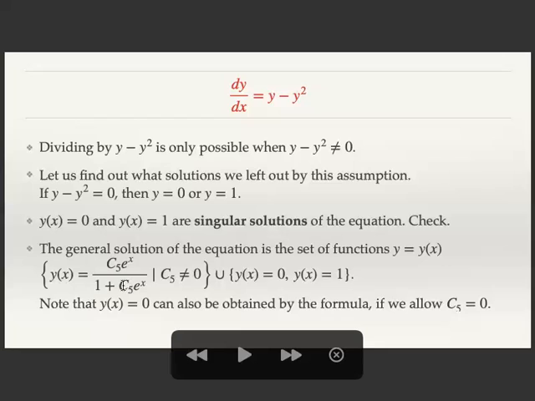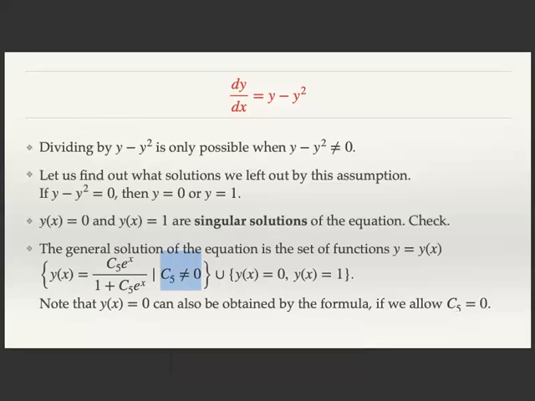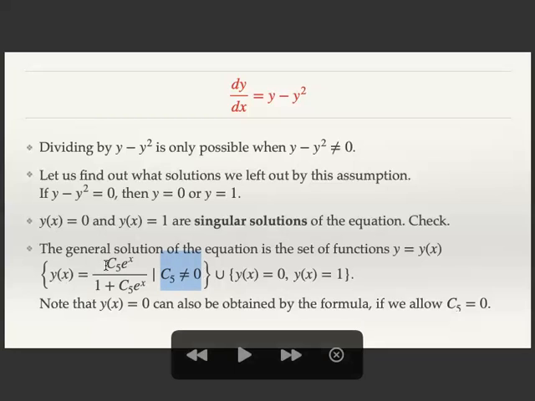So it turns out that this restriction that C5 cannot be 0 only happened because of the particular way we used to solve the equation. And actually C5 can be 0. And this just corresponds to a valid solution that's written here. Y of x is constantly 0.